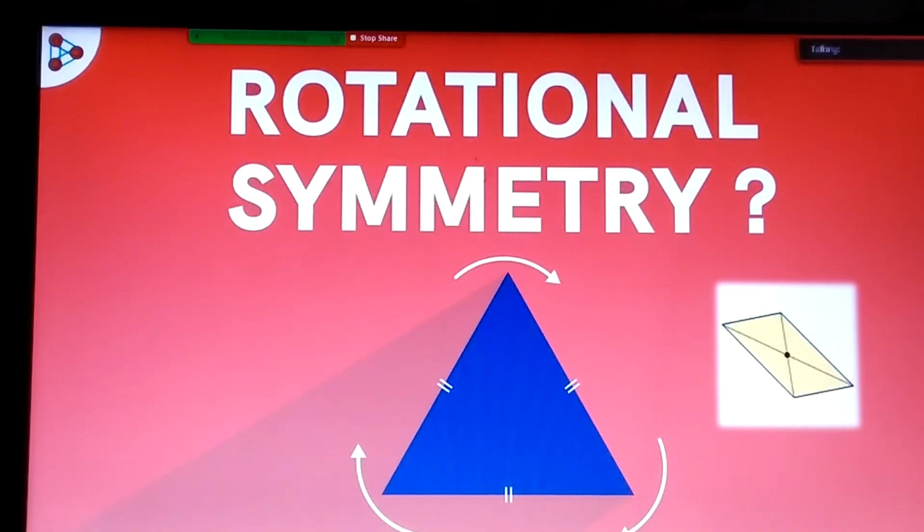It means a grade 8 concept. Rotational symmetry. What is meant by rotational symmetry? Let's see. When a plane figure is rotated about a fixed point in it through one complete rotation. One complete rotation means 360 degrees.